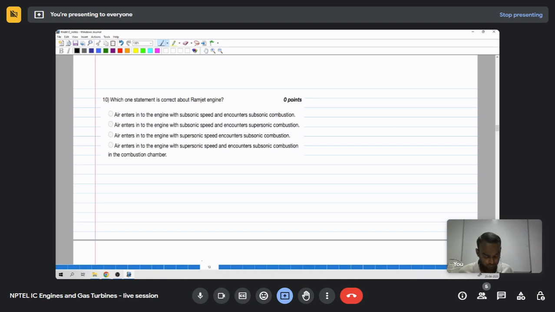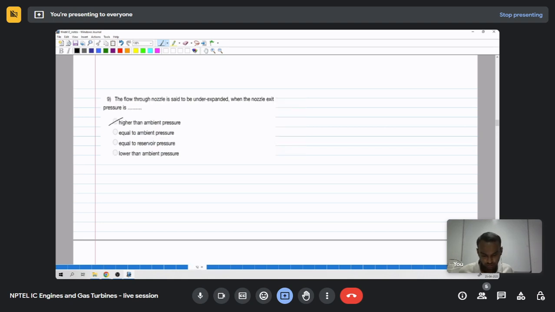Sir, can you explain this one? I always get confused between this. This question? Yes. Maybe you would have seen this. Nozzle pressure at throat, this is distance for a convergent nozzle.